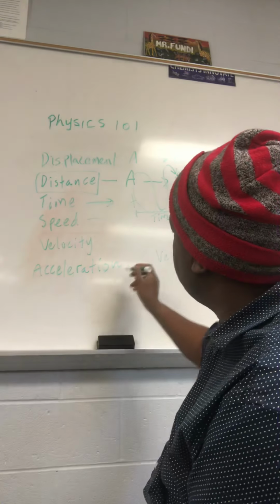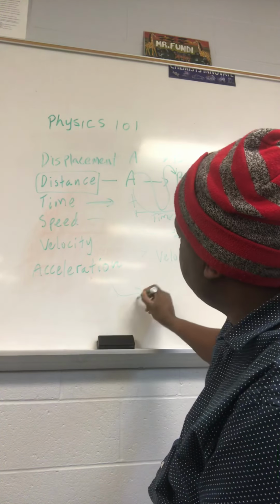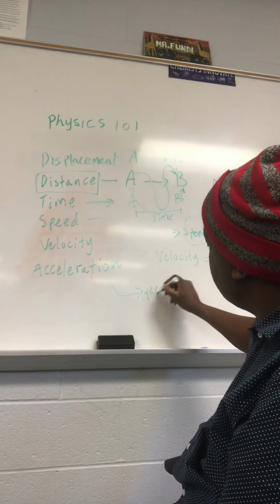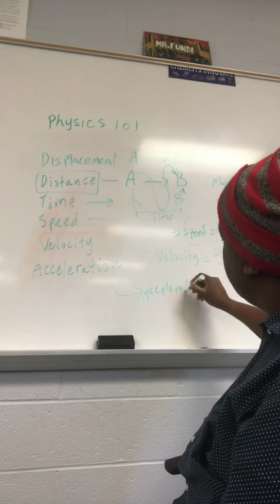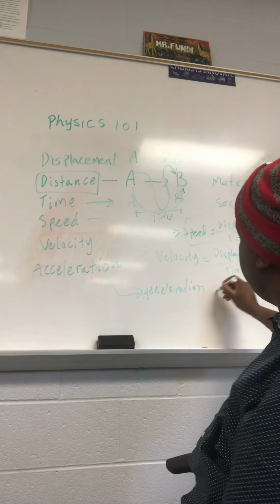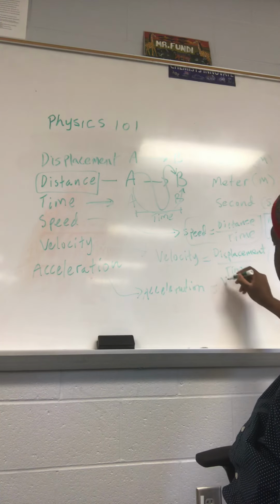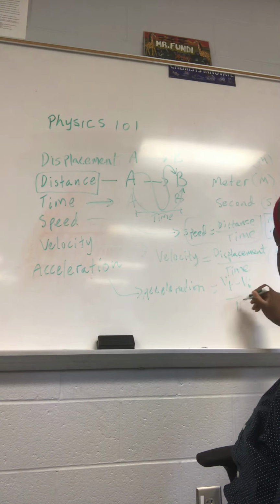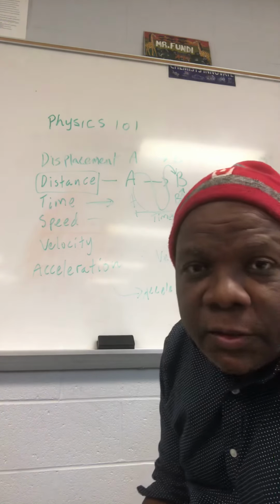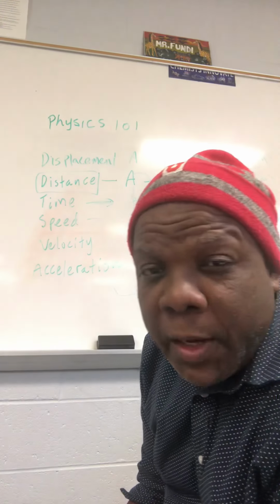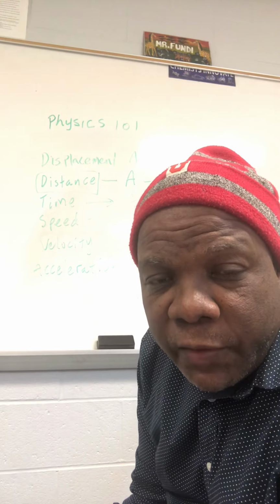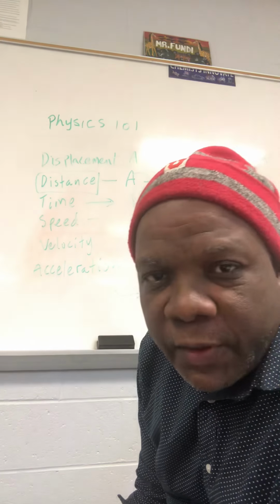The last thing is acceleration, which is the change in velocity, so vf minus vi over t. That is velocity final minus velocity initial, divided by the time it took for the object to change velocity.